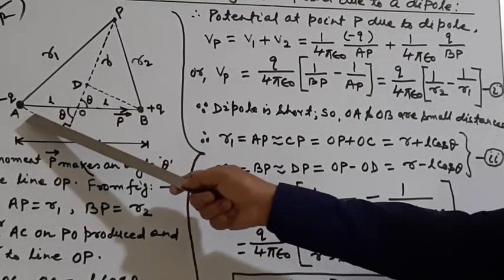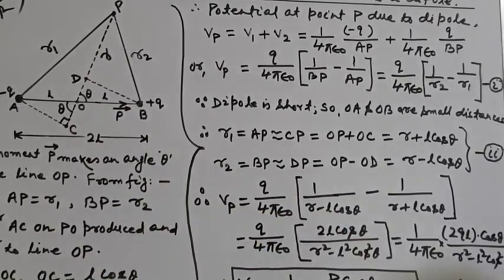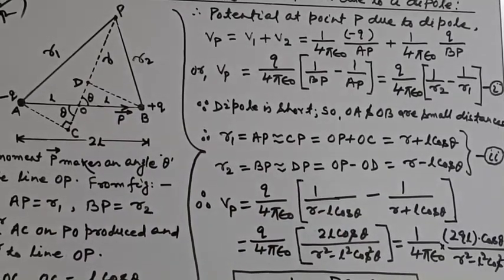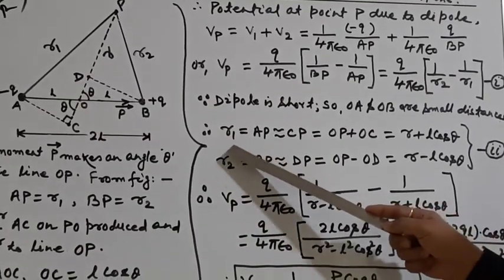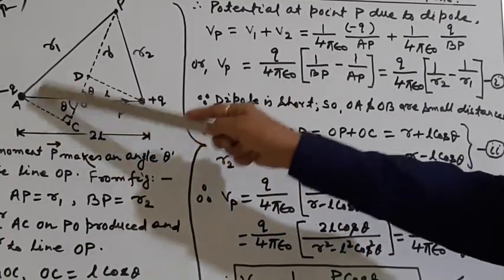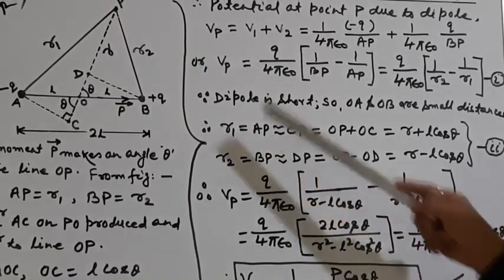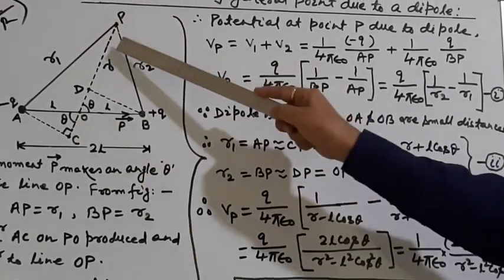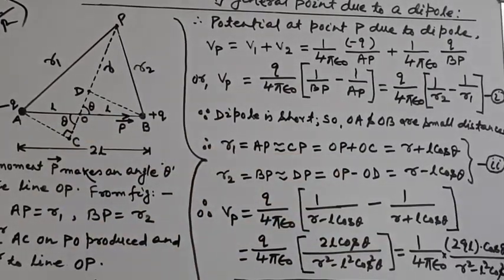So points A, B, C and D all will be very close to each other. As a result, what is the value of r1? See here, r1 is AP, and AP is nearly equal to CP. Why? Because point A and point C are very close to each other with respect to O.